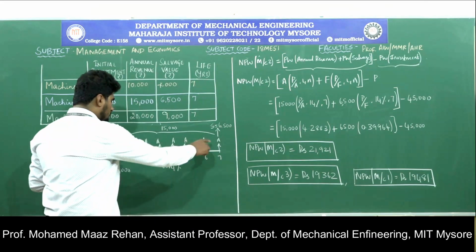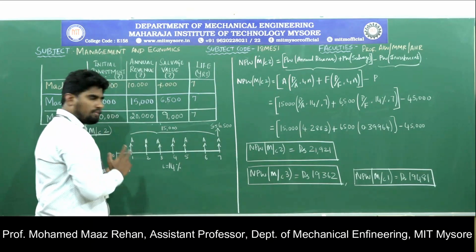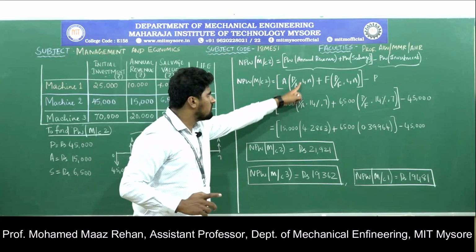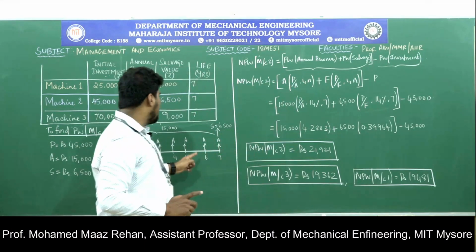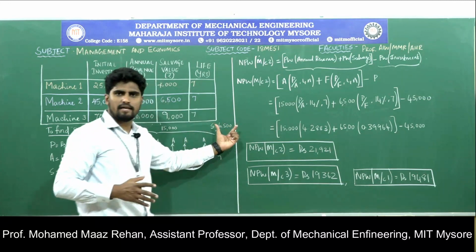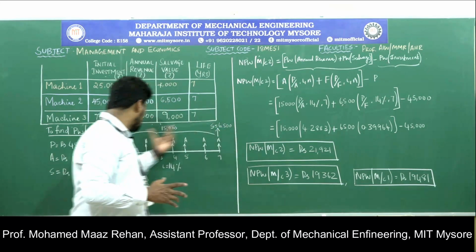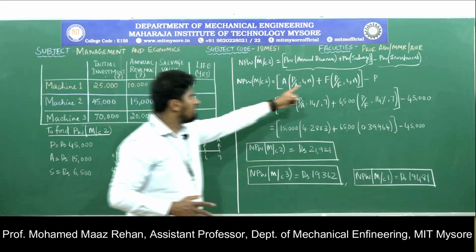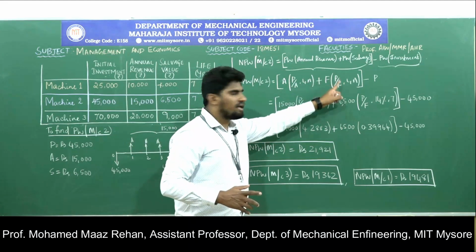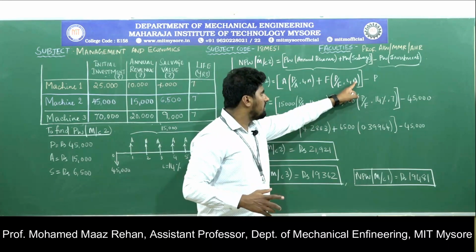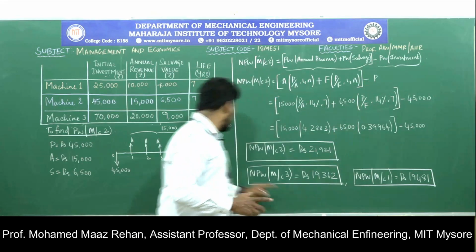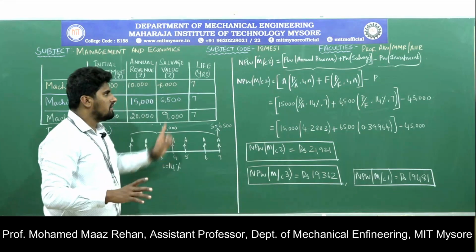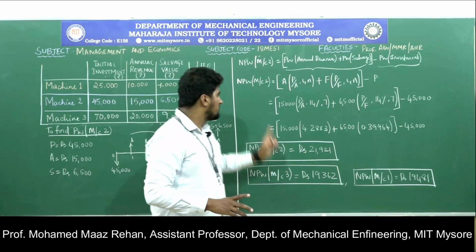So when A is known, we are converting this A to P. And next salvage value we have to consider as future amount, we need to convert to P. So to find P when F is known, I comma N. So minus, this is at time 0, no need to convert. So you have to keep as it is.